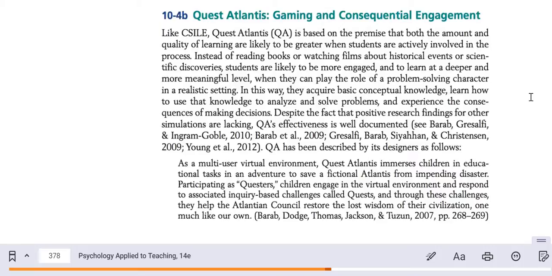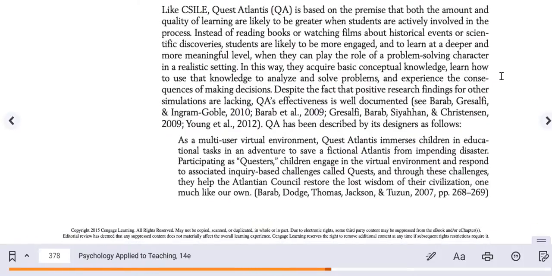Despite the fact that positive research findings for other simulations are lacking, Quest Atlantis' effectiveness is well documented. QA has been described by its designers as follows. As a multi-user virtual environment, Quest Atlantis immerses children in educational tasks in an adventure to save a fictional Atlantis from impending disaster.